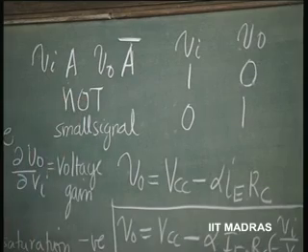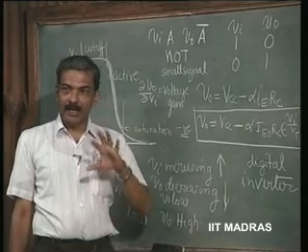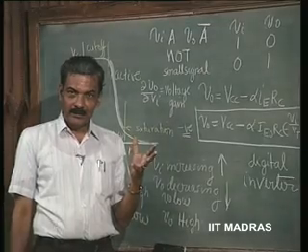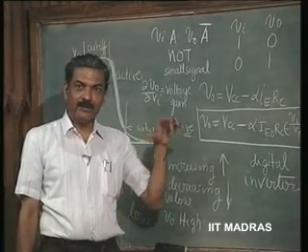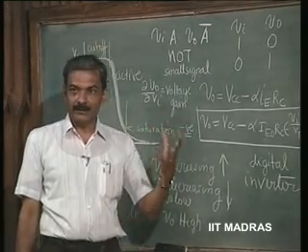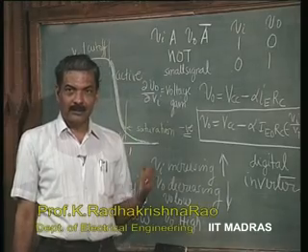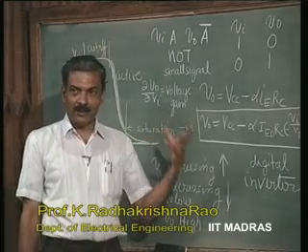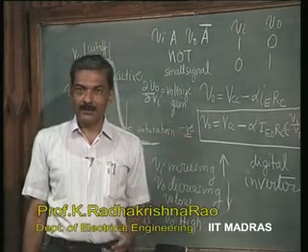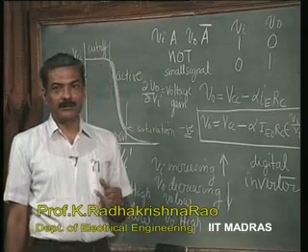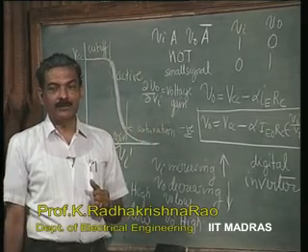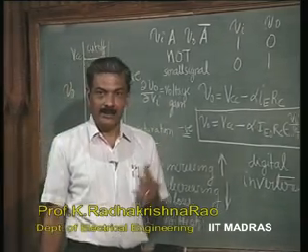With this NOT operation added, we can have an AND gate cascaded to a NOT operation forming a NAND gate, and an OR gate cascaded to a NOT operation giving a NOR gate. NAND and NOR gates by themselves can give you the design of any digital system.